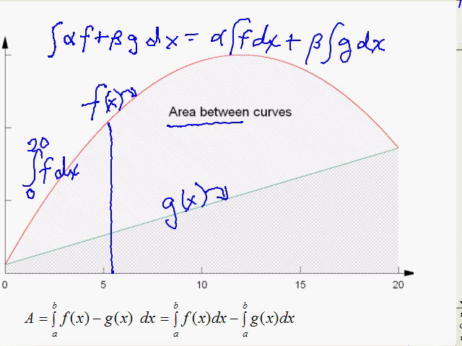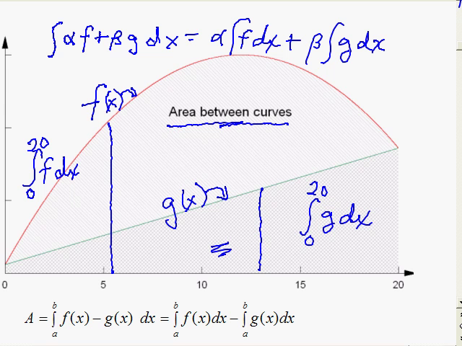Now I calculate the integral of g of x. This gives me all the area between the blue line and the x-axis. Then I subtract the two. By subtracting the two, I subtract off this area down here, and I'm left with what I wanted, which was the area between the curves.